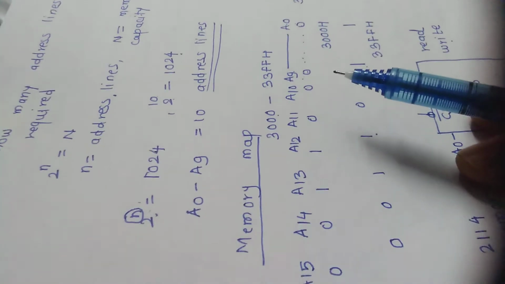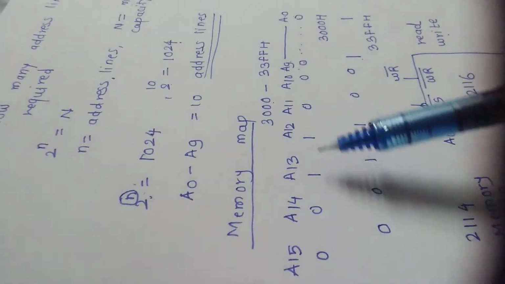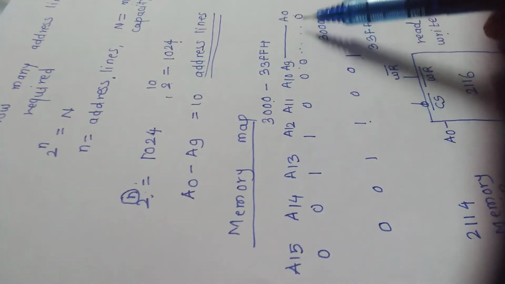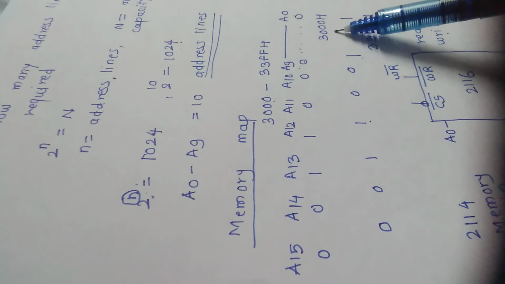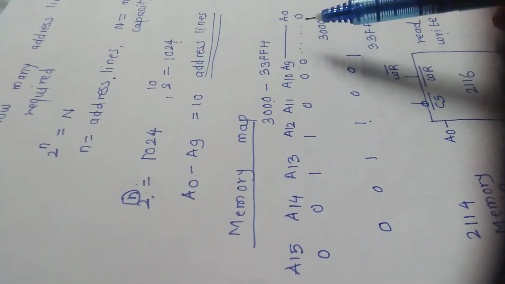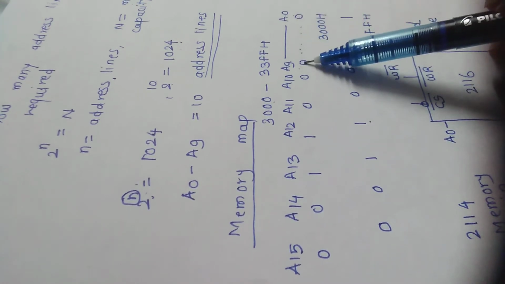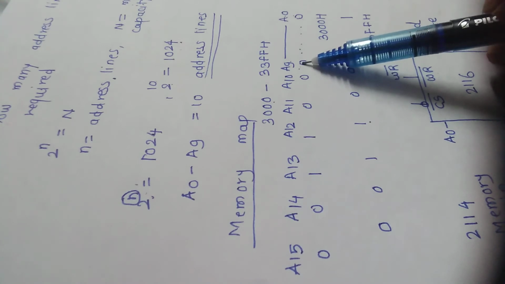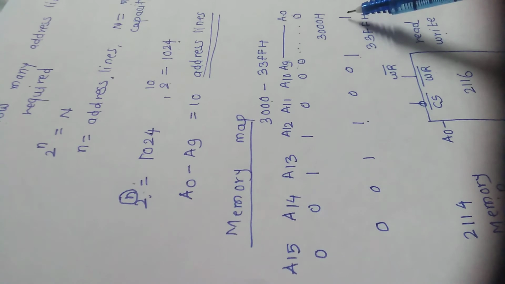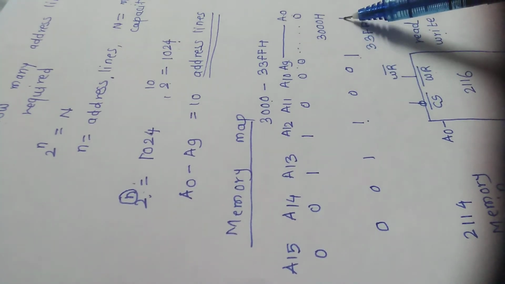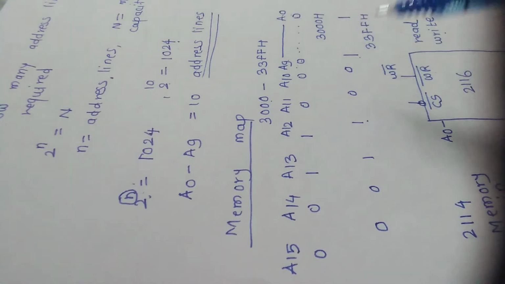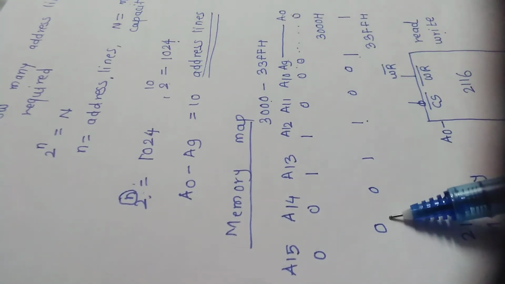I will get it as 0011 and all zeros, that is 3000H. Now, all A0 to A9 lines are 0 for the starting address, and for the ending address all A0 to A9 lines are 1. Remaining lines are the same as they are.